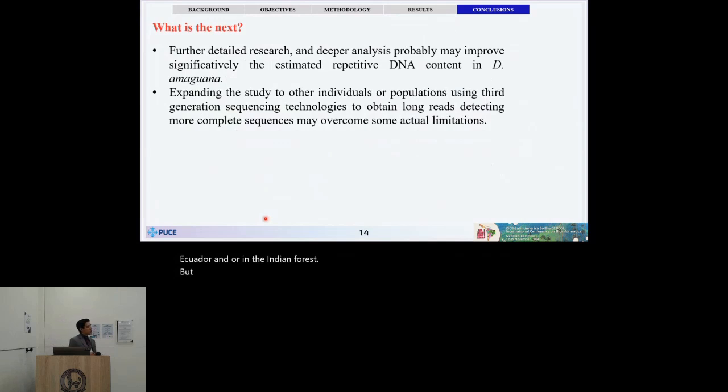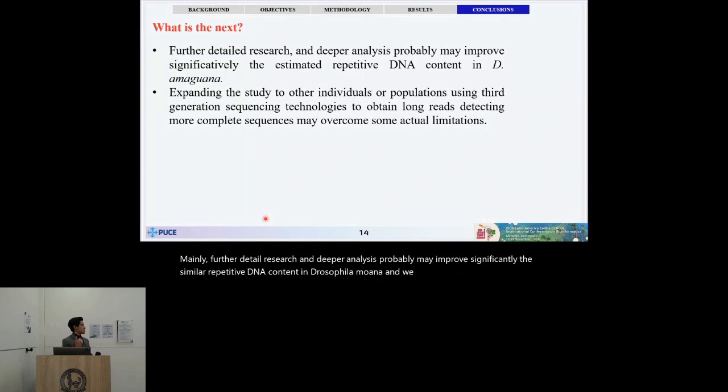But what is next? Mainly, further detailed research and deeper analysis may significantly improve the estimated repetitive DNA content in Drosophila amaguana, and we are considering expanding the study to other individuals or other populations, but this time using third-generation sequencing technologies to obtain long reads that may help us detect more complex sequences and overcome some current limitations, because the genome was assembled using Illumina reads, and there are some papers that show a relationship between the sequencing technology and the TE content.